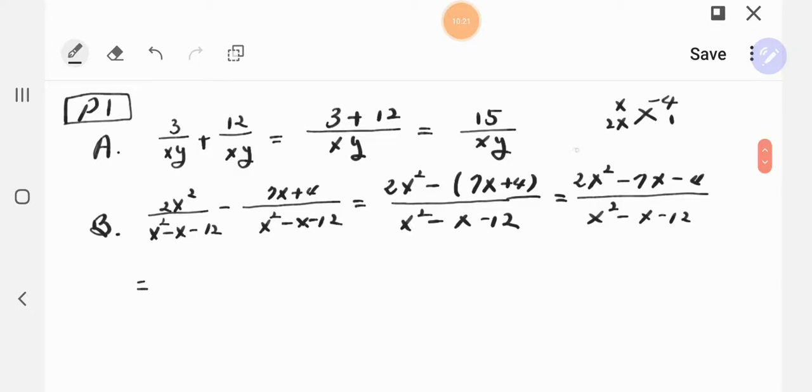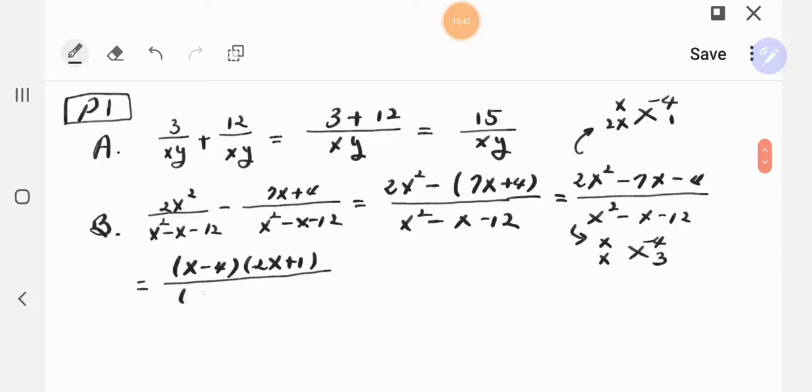So the numerator is x minus 4 times 2x plus 1. And the denominator, this one is x times x, 12 is 4 times 3, and the minus sign is on 4, so negative 4 plus 3 is negative 1. So the denominator is x minus 4 times x plus 3.